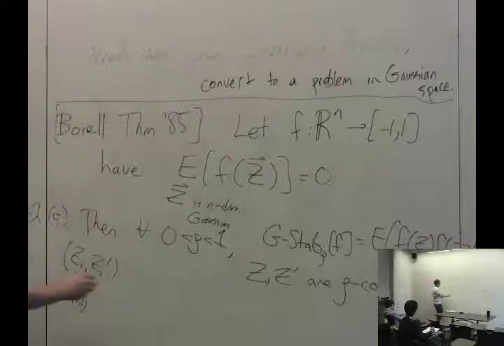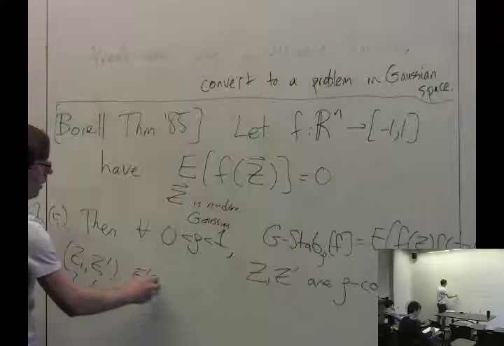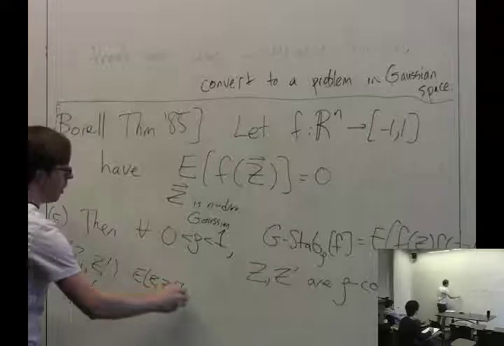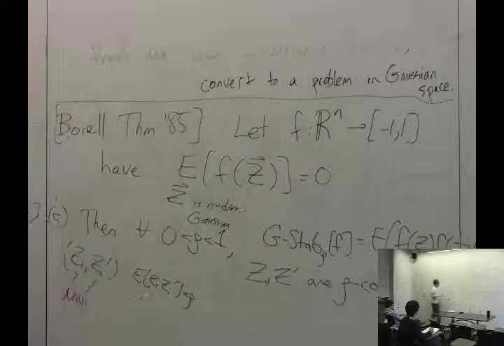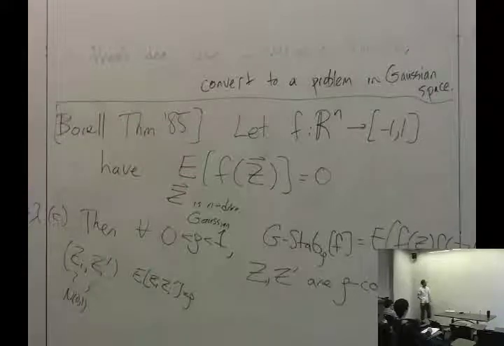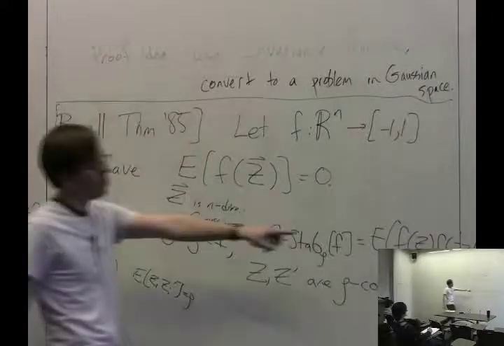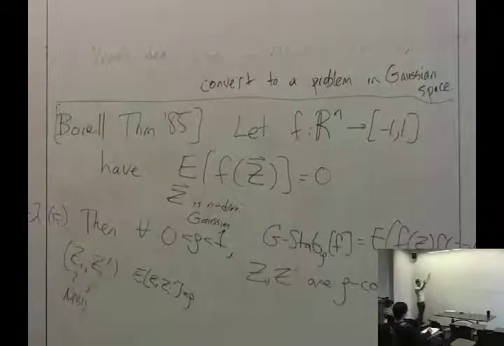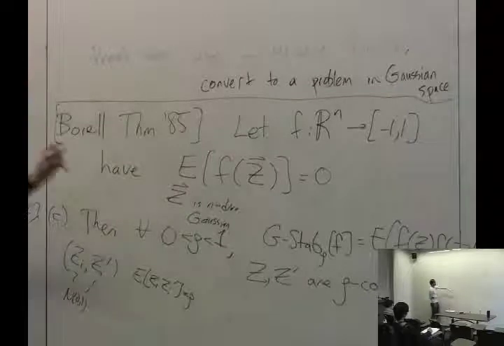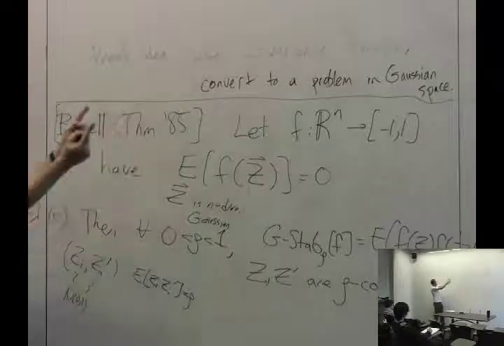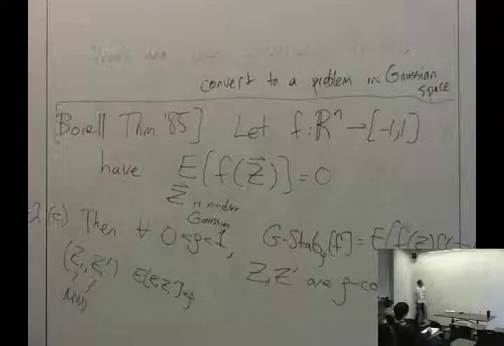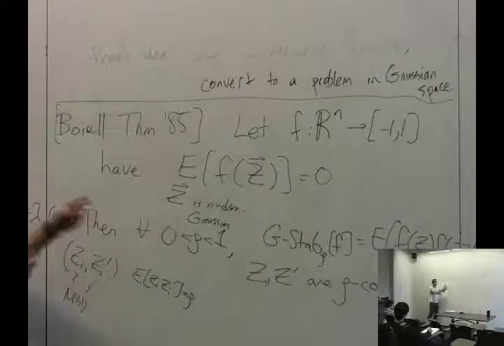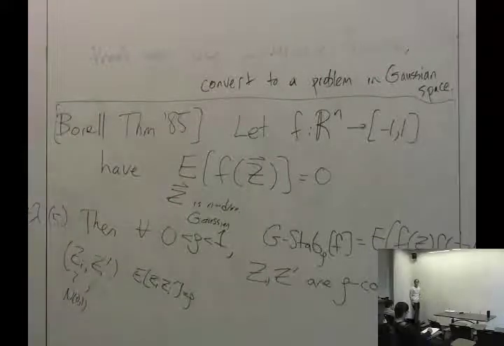They're correlated such that the expected value of zi times zi prime is rho, and it's like this on all n coordinates independently. So basically, z and z prime are both random Gaussians, but since rho is positive, they point vaguely in the same direction. In particular, if rho is really close to 1, they're almost the same vector. And as rho goes towards 0, they become like independent vectors.